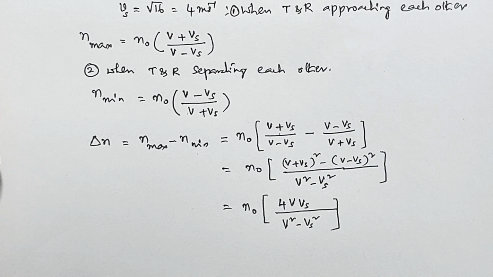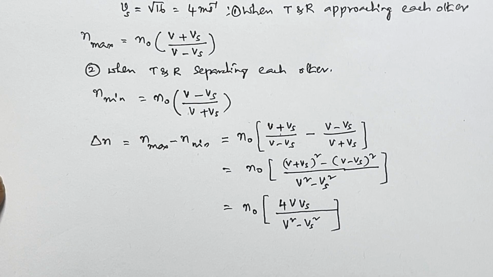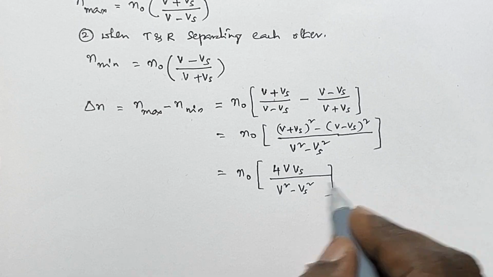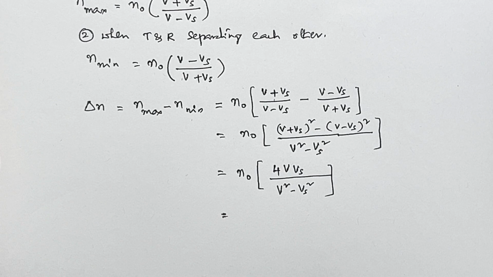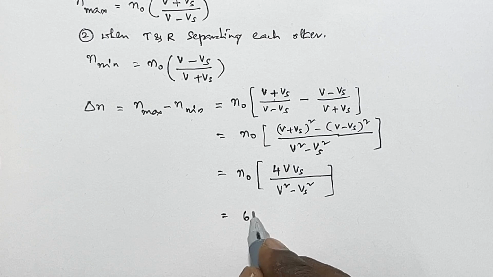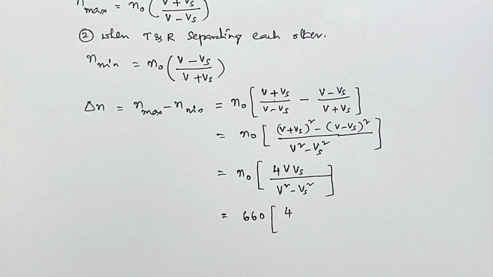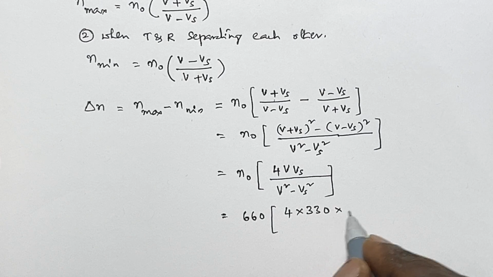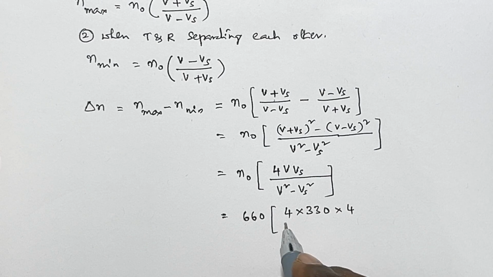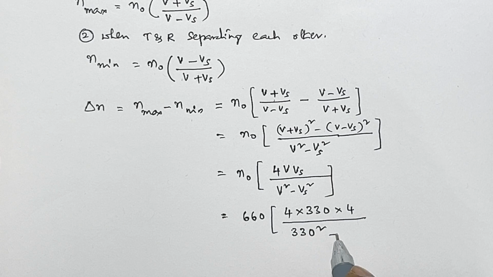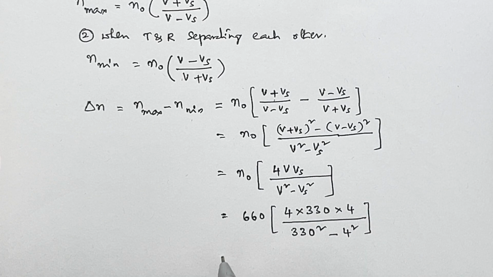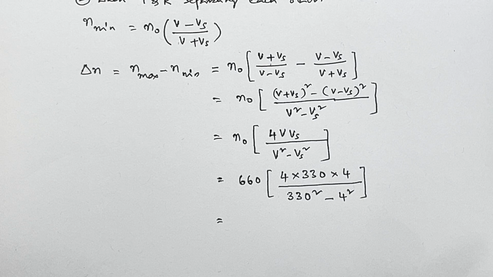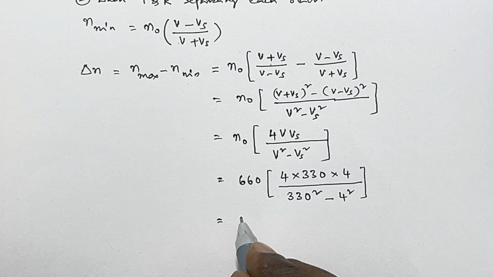Now let us substitute the values here. That is equal to n naught, the natural frequency 660, into 4 into V, the velocity of sound, 330, into Vs, the source velocity, 4, by 330 square minus the source velocity square. Here I will do a small approximation so that I can get the answer quickly.